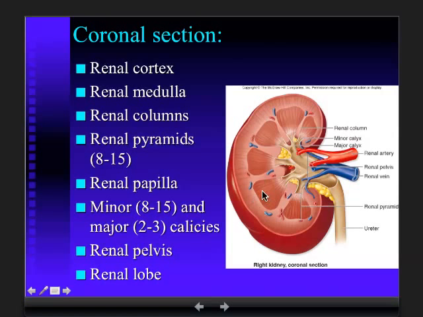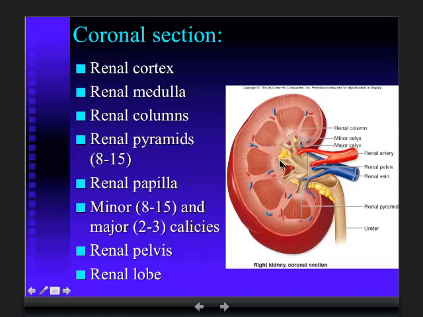Urine, or I should say, as the filtrate of the blood plasma is processed to form the urine, drains down and emerges through a little papilla here. Papilla, you know, is what? It's a little out-pocketing. And so at the tip of each renal pyramid, you have a renal papilla which drains into a space here.